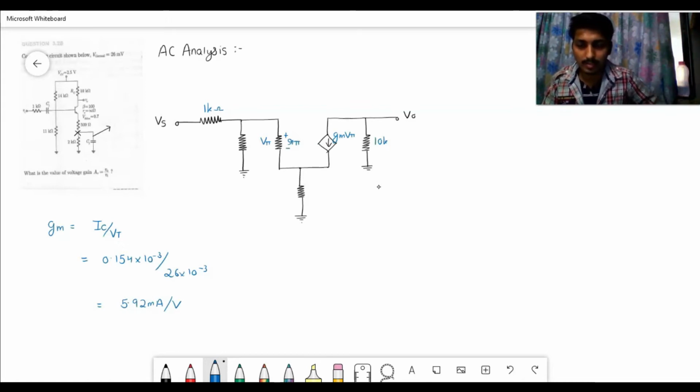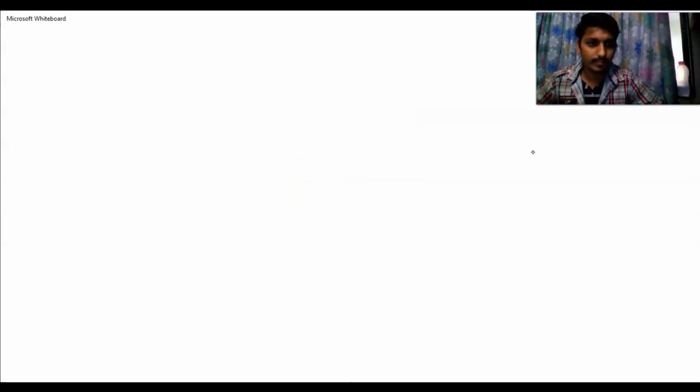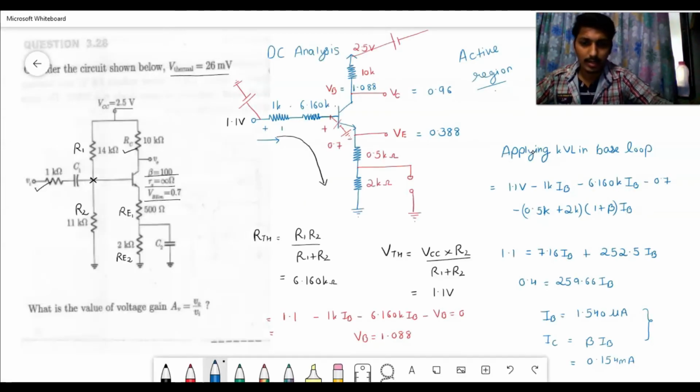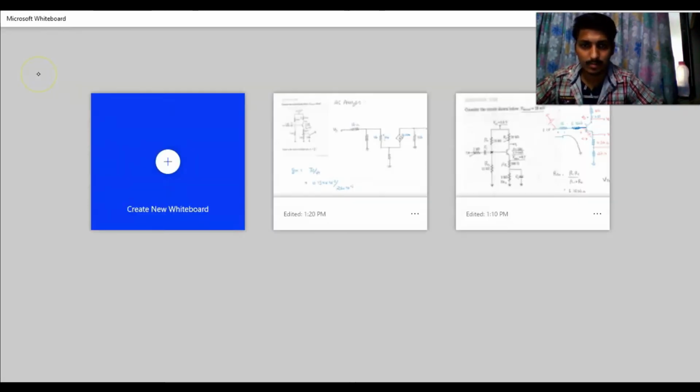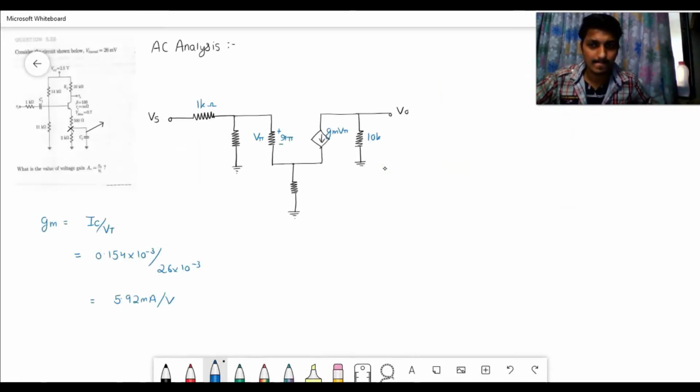So RTH, we will check, RTH is nothing but 6.160 kilo ohm.